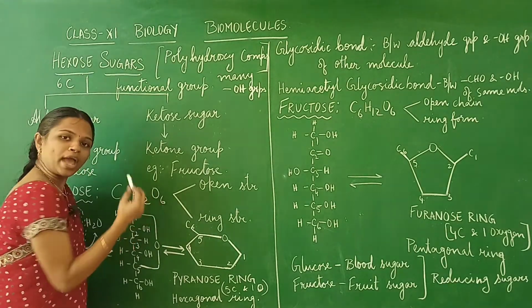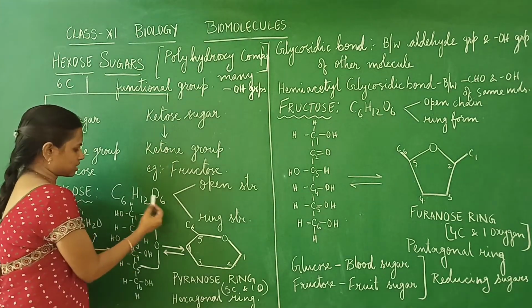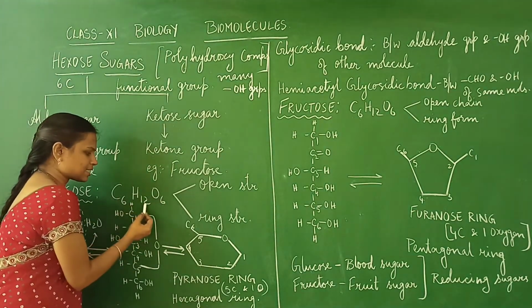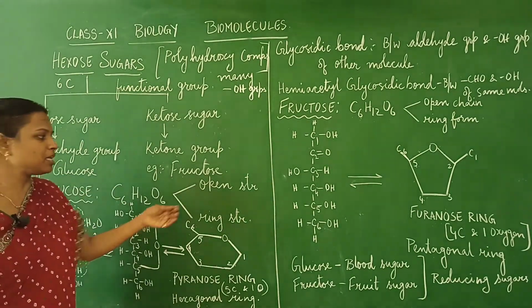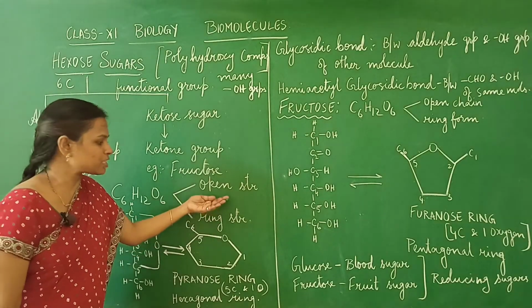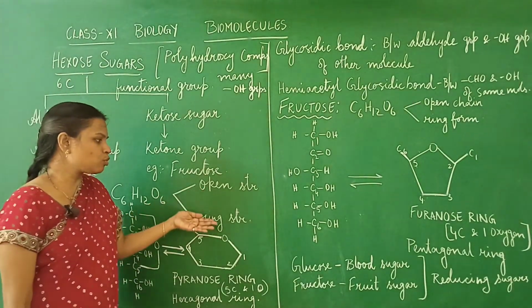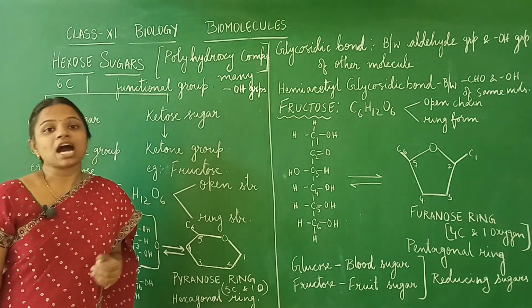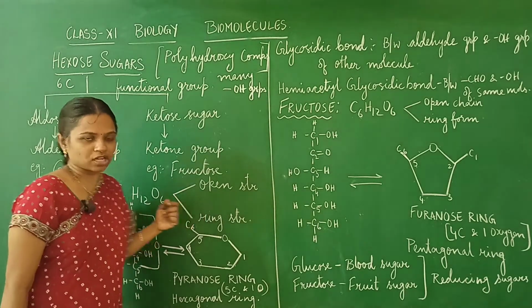And ON, that is N is equal to 6, so it is O6. So, the formula becomes C6H12O6. This glucose is available in 2 forms, that is the open structure and the ring structure. These 2 structures or forms are interconvertible. So, first we will learn about the open structure.